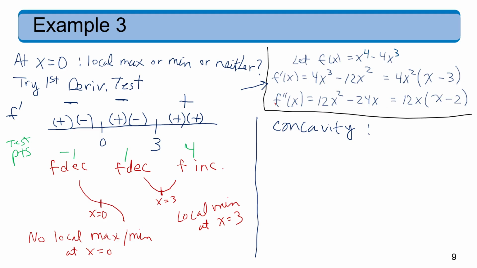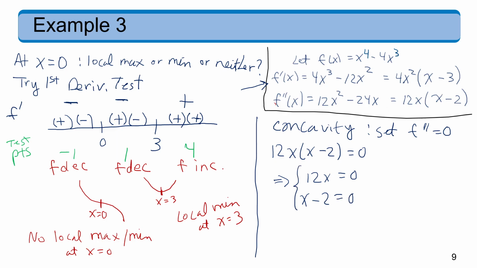So we start by setting f double prime equal to 0, and then solve for x. So look at the formula for f double prime just above where I'm writing, and I'm going to use the factored version. We set that equal to 0. Because we have a product equal to 0, that means we set each individual factor equal to 0 and solve each one individually.